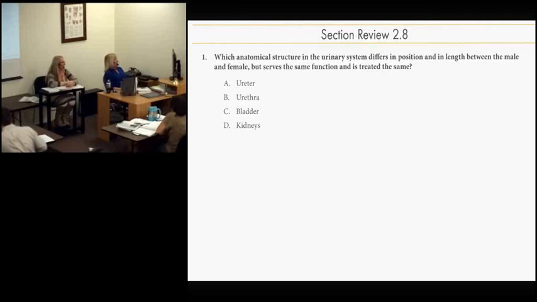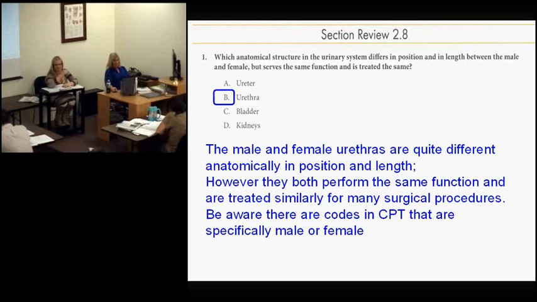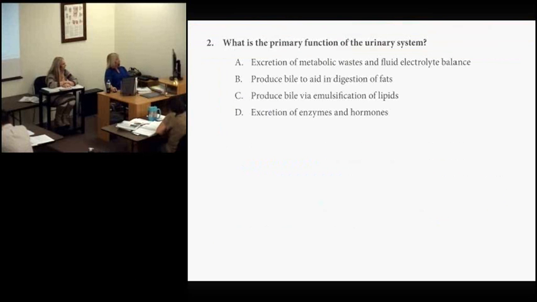All right, which anatomical structure in the urinary system differs in position and in length between the male and female? I hope you all say urethra. They're very similar in their functions, but they're different in size. Number 2, what is the primary function of the urinary system? It is the excretion of metabolic waste and fluid electrolyte balance.